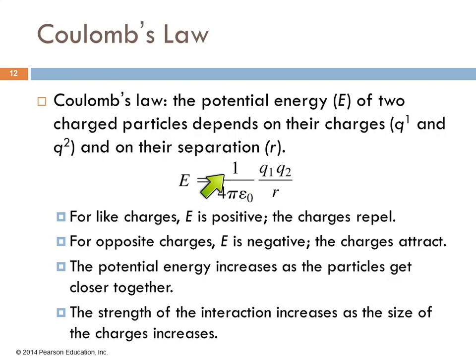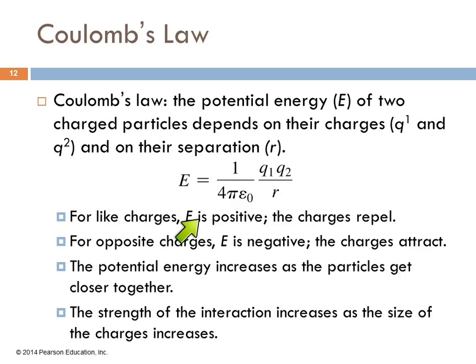So the energy is equal to a constant that we don't really care about times Q1 times Q2 divided by R. If these particles have larger charges, the potential energy between them will be greater. If the distance between them is smaller, the potential energy would be greater.